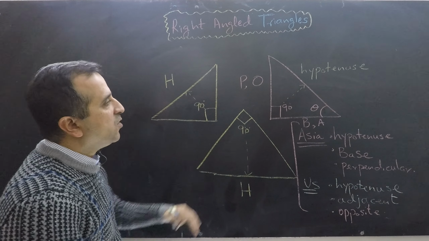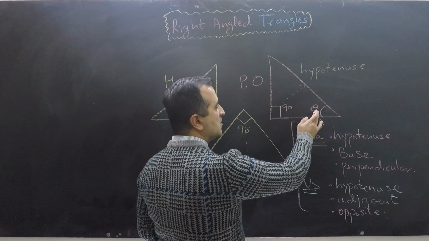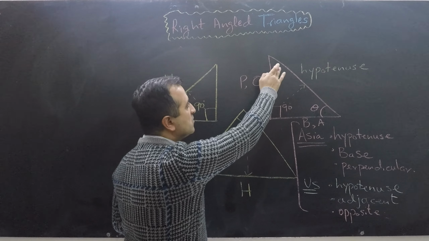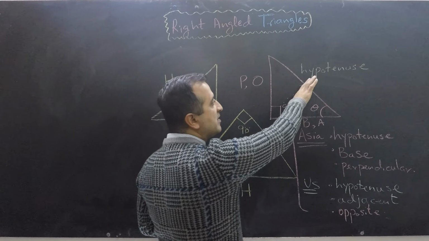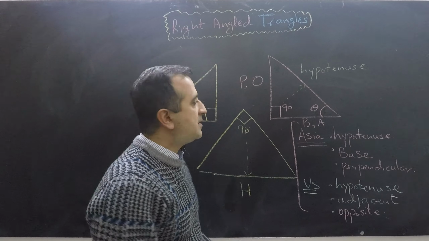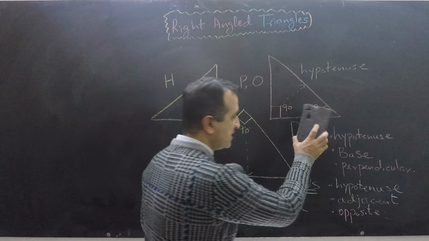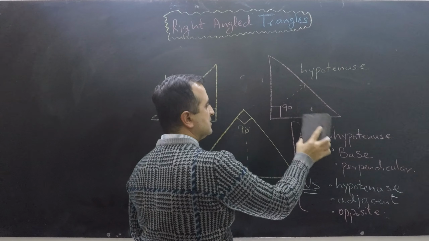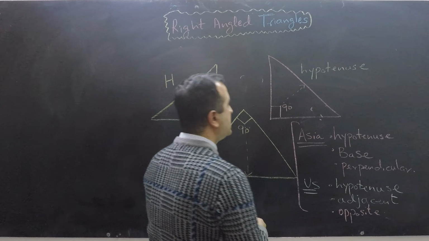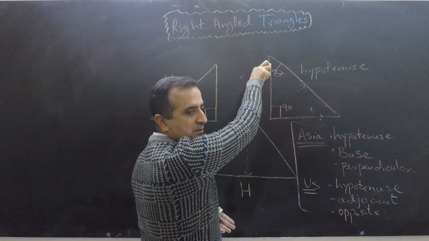Now, look at this triangle again. Let's say we're not interested in this theta. We're interested in this theta. We want to know about this angle, right? Then once again hypotenuse will remain the same, but the other things will switch. So now theta is here. That means we are standing here now, right?